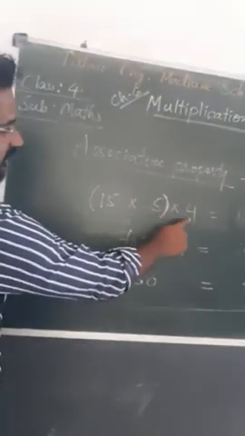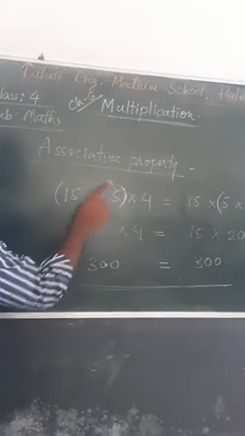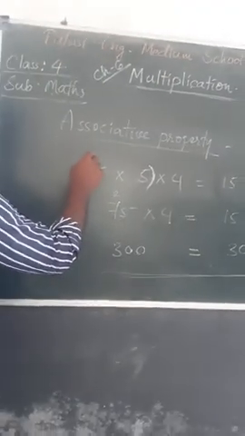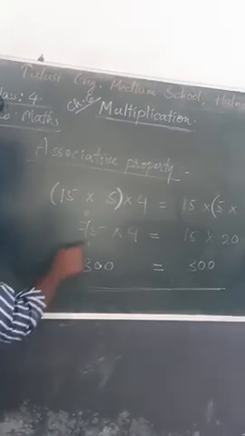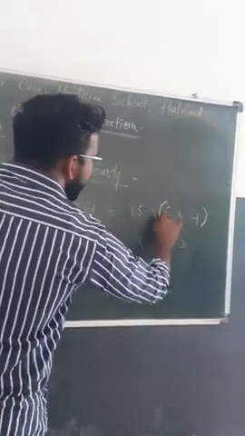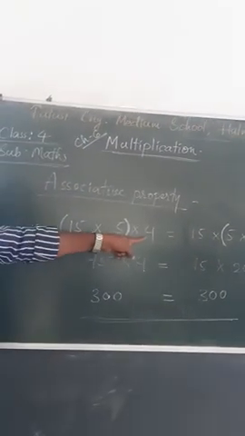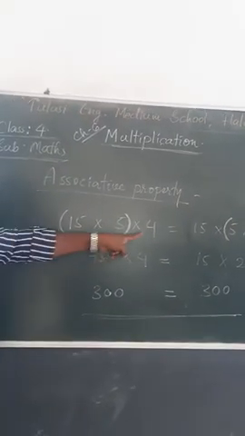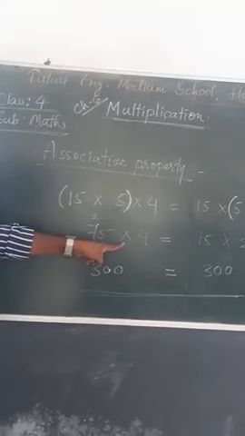We grouped here 15 and 5, and there 5 into 4. 15 into 5 is 75, the product of this is 75, and again we multiplied by 4.